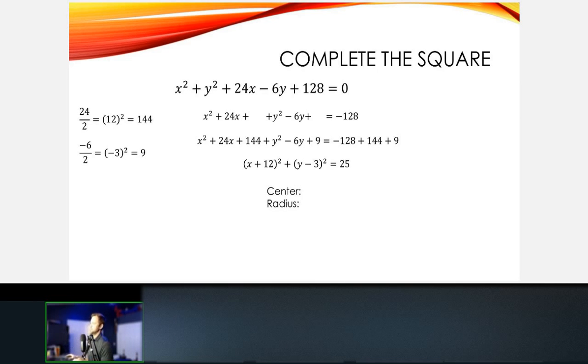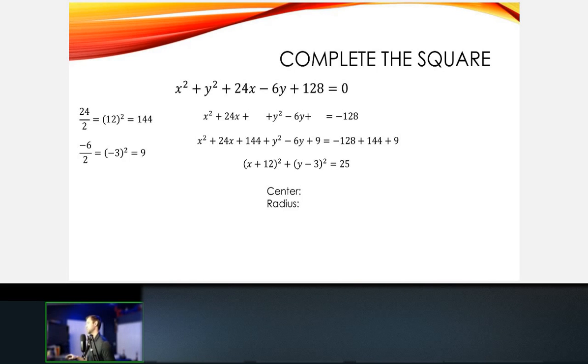And then we can easily pick out the center, which I see one of you already wrote -12 comma. Ooh, maybe a typo. Wait, -12 comma 3. Yeah, unless I did something wrong, but I don't think I did.